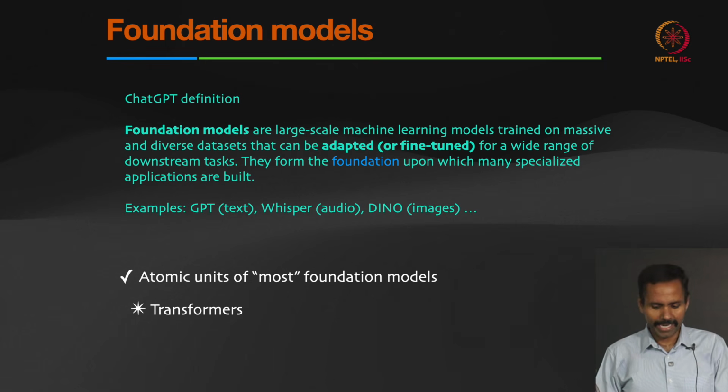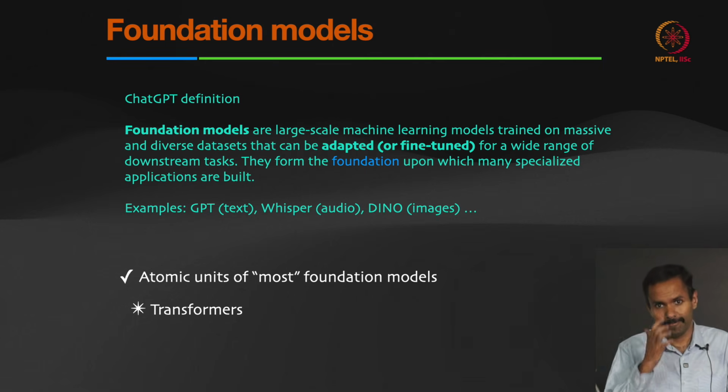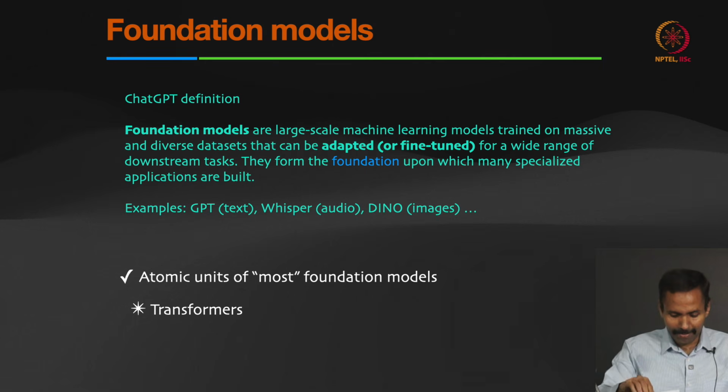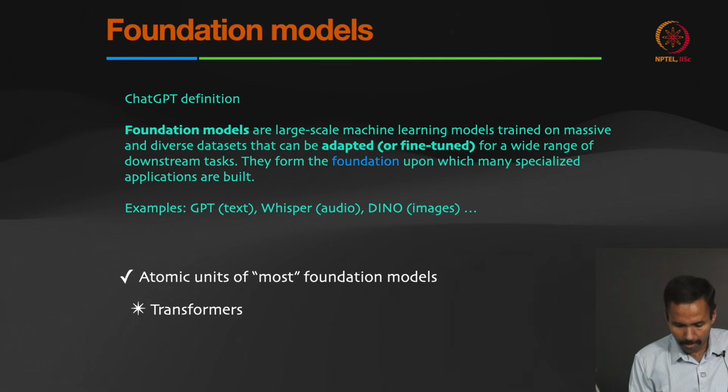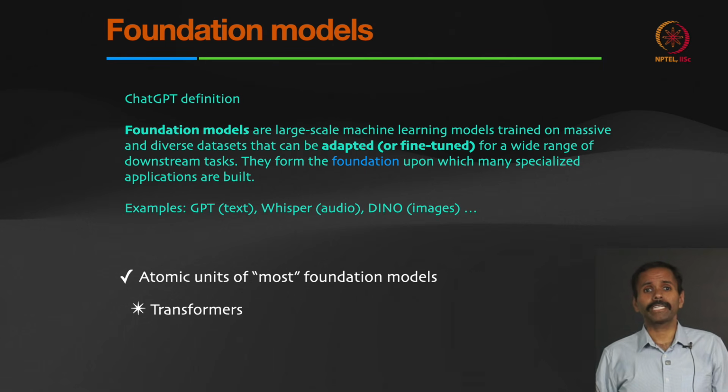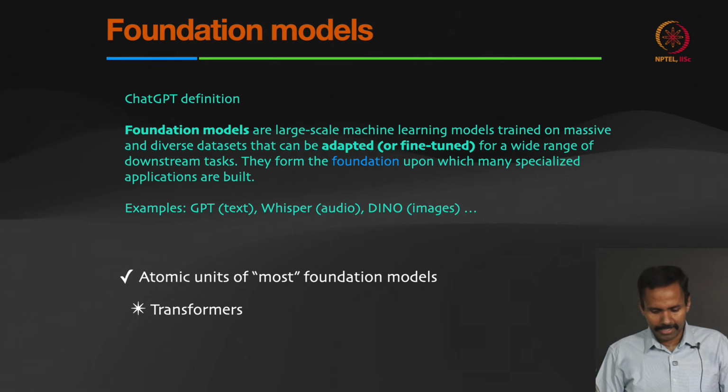That has really revolutionized this particular area of AI, right? So the atomic units, the fundamental units that form the core of these foundation models, are the transformers, which we are going to discuss in detail in the rest of the slides.